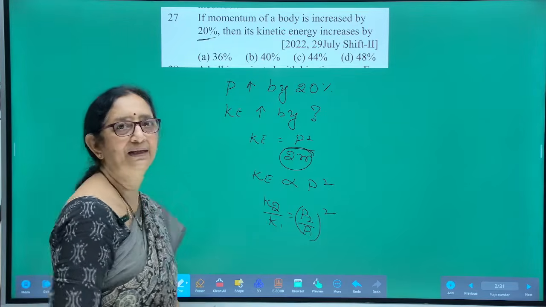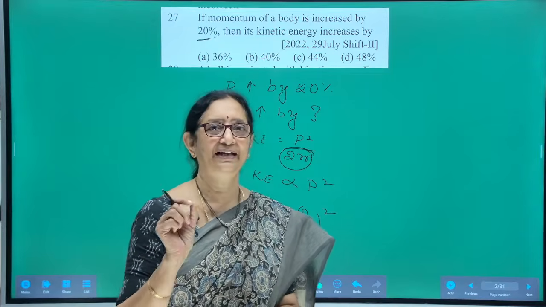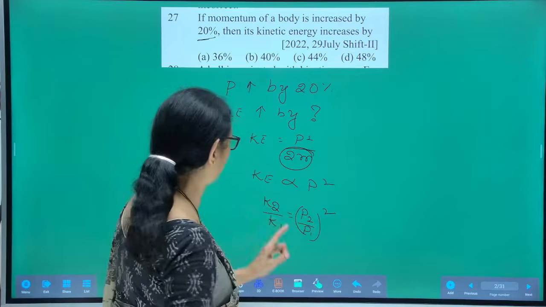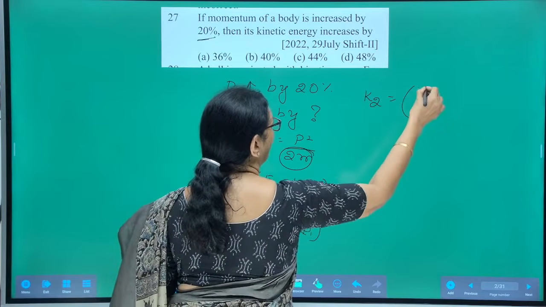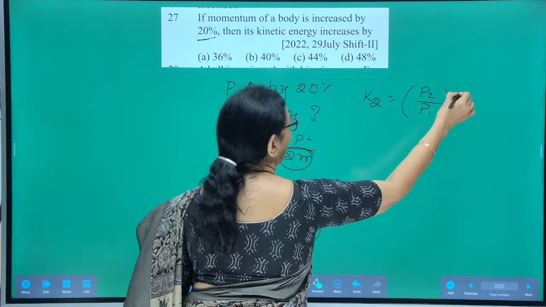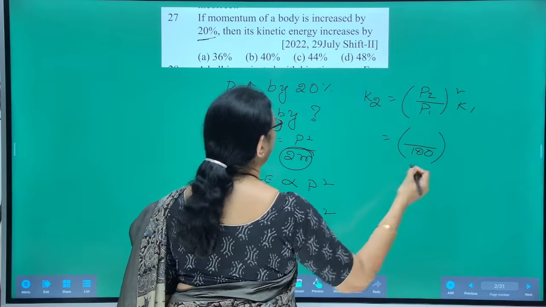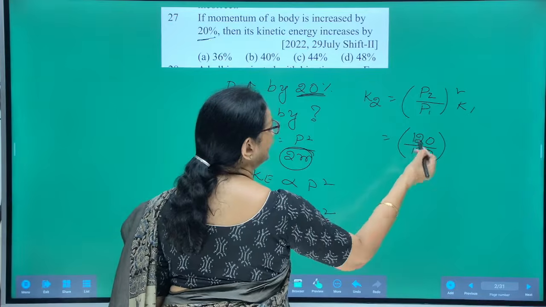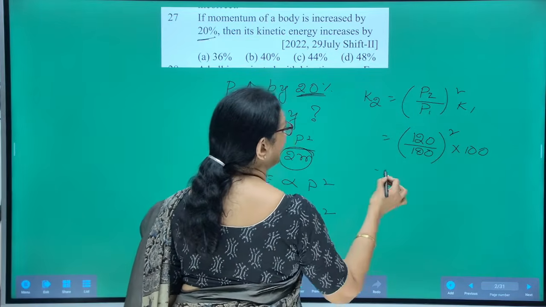While solving problems in terms of percentages, it is easy to take the initial value as 100. So from this expression, K2 is equal to P2 by P1 whole square into K1. P1 is 100. Momentum increases by 20, so final momentum becomes 120. Let us take initial KE as 100.